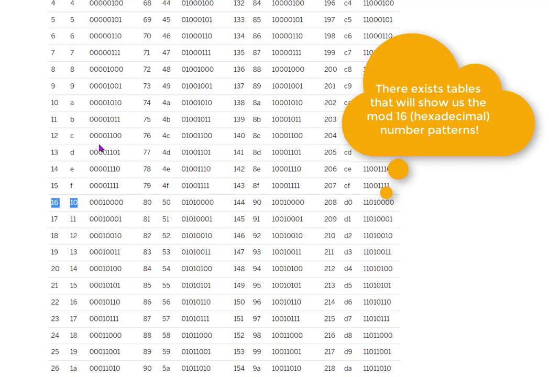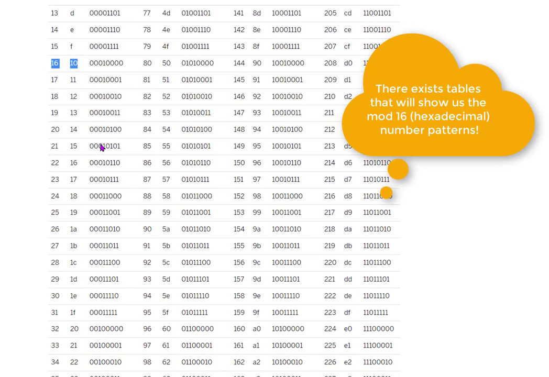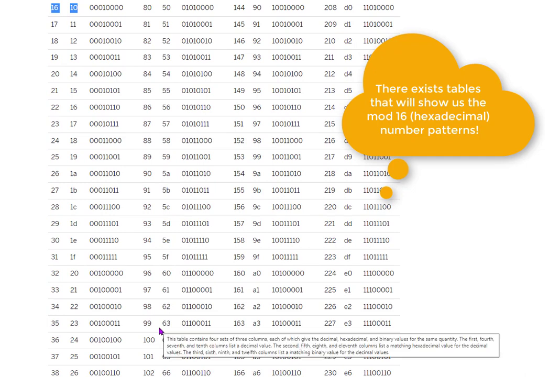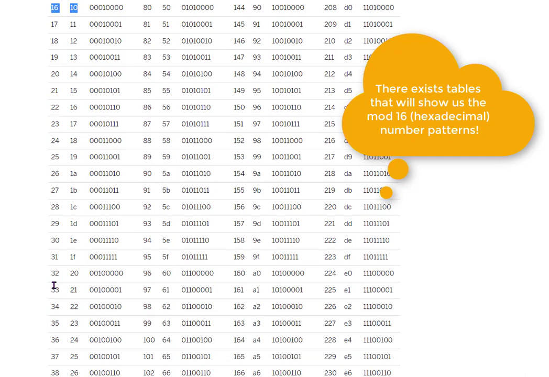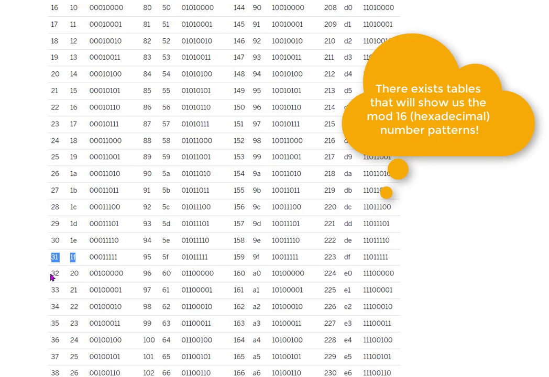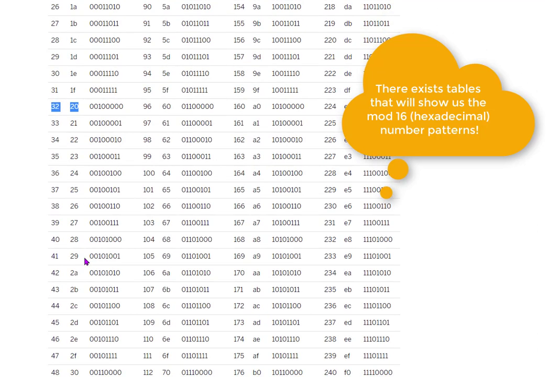Okay. Let's go. What is the next multiple of 16? Okay, I'll give you 2 seconds. You should have said 32, right? 32 is 20. Notice 31 is 1F. 32 is 20. What is the next multiple of 16 after 32? Give you a few seconds.